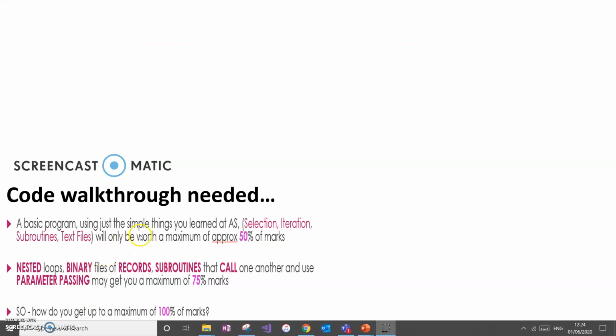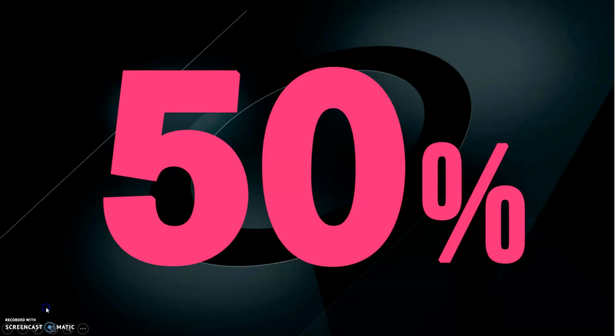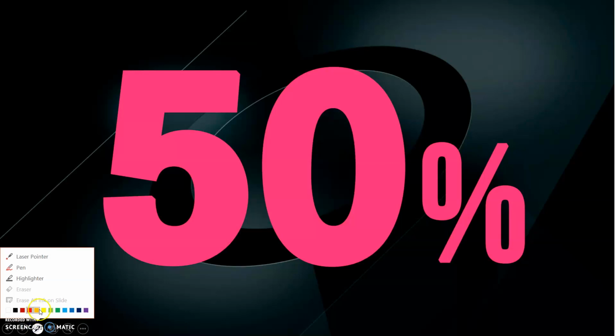To do this, use Screencast-O-Matic or whatever screen recorder you've used previously. Load up your programming code, and I want you to pan across that code, pausing along the way to point out some of the programming techniques that you've used. Let me just grab a highlighter.